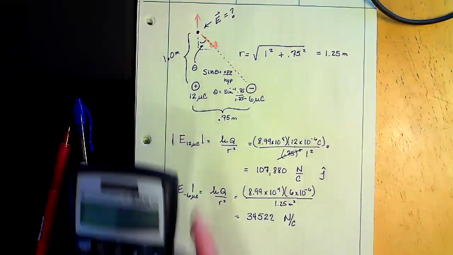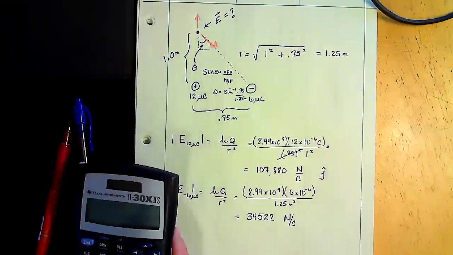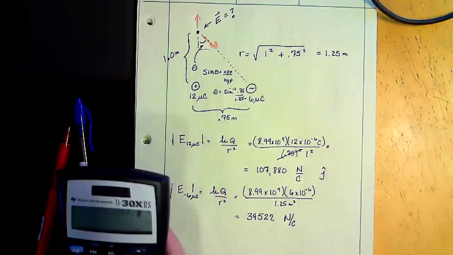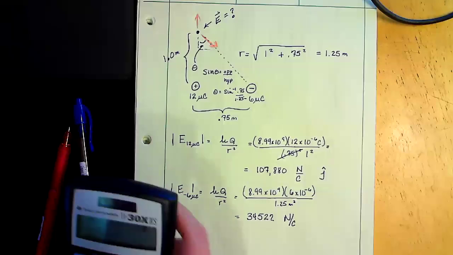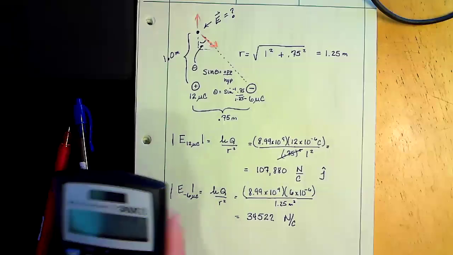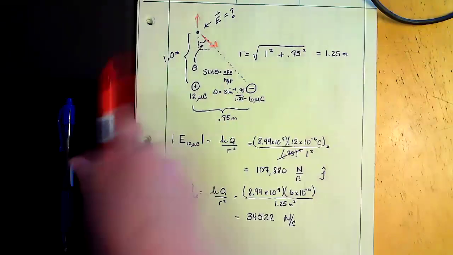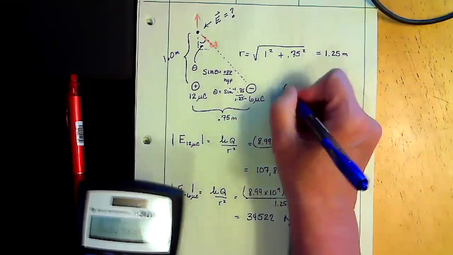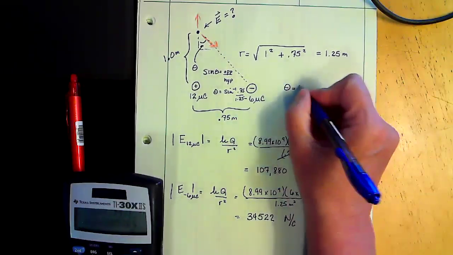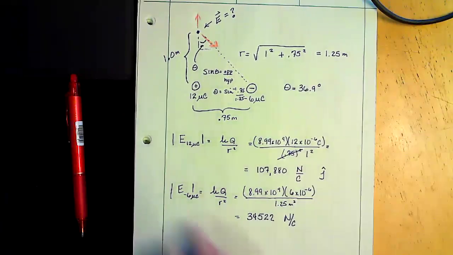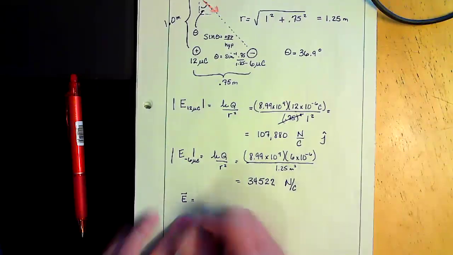I'll divide 0.75 by 1.25, and that says my angle is equal to 36.9 degrees.